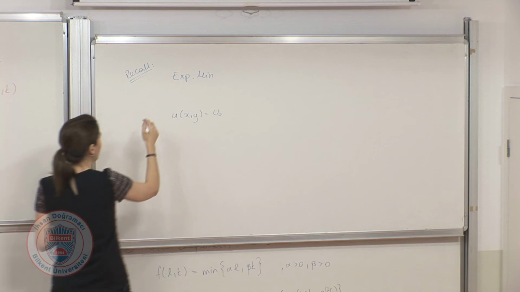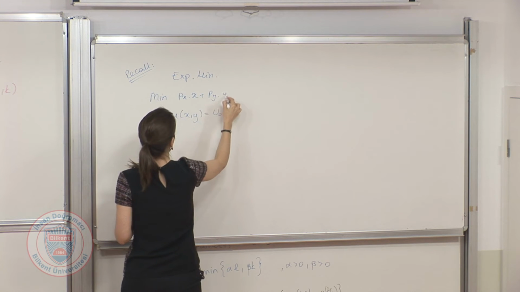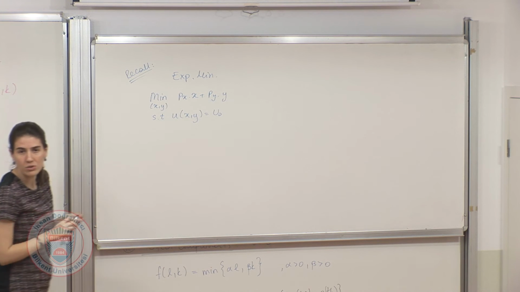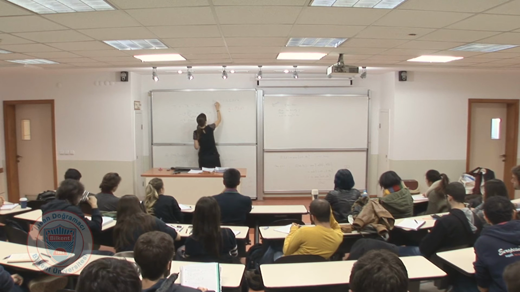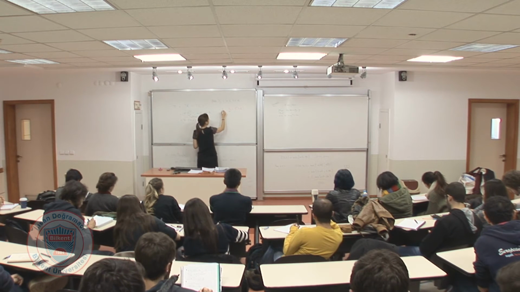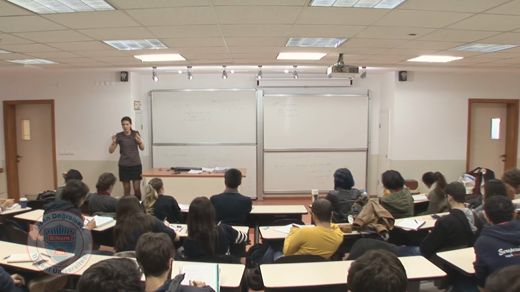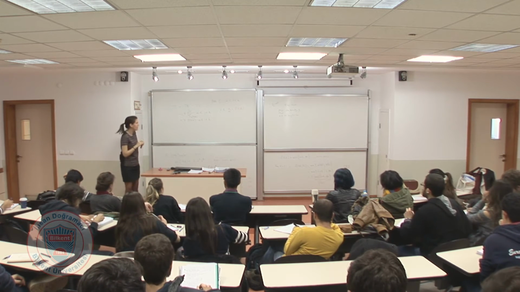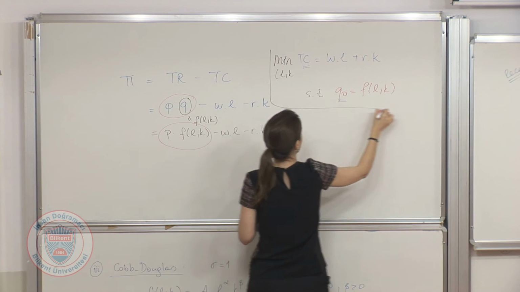So basically, I wanted to minimize my expenditure, subject to this utility level. This is what the firm would like to do: minimize its cost, subject to this quantity. They would like to produce this amount with the minimal expenditure, basically. So this is basically L, K here, okay?